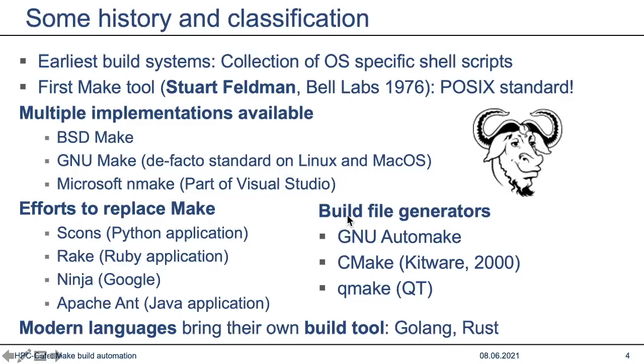And then there is a second flavor of build tools, and those are not build systems themselves, but build file generators. So they create the local build files. One early example is GNU Automake. In the early days, when I did my PhD, all open source software was with what is called autotools.